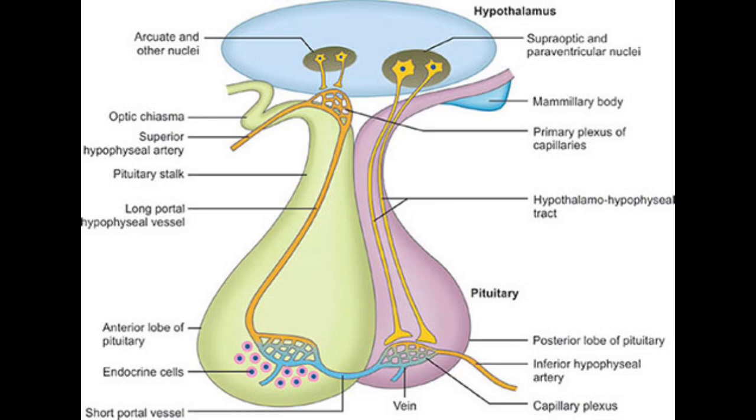But in the posterior pituitary gland, the hormones are already formed by the nuclei of the hypothalamus and are sent as neurotransmitters to be stored in the posterior pituitary gland. Simple. I hope you understand it now.